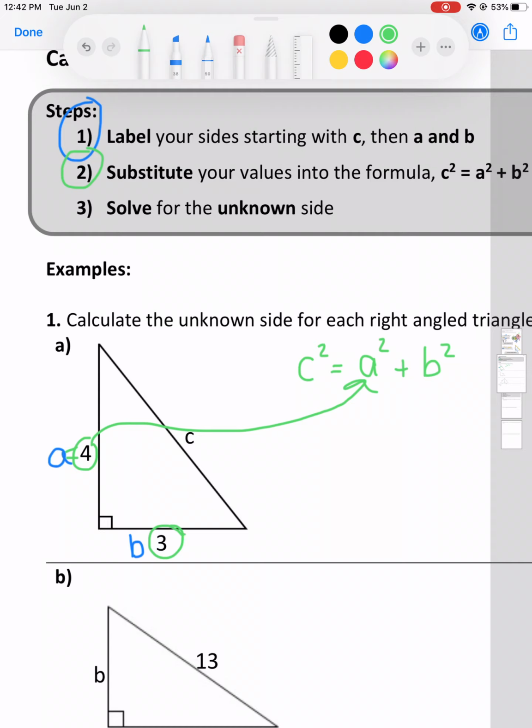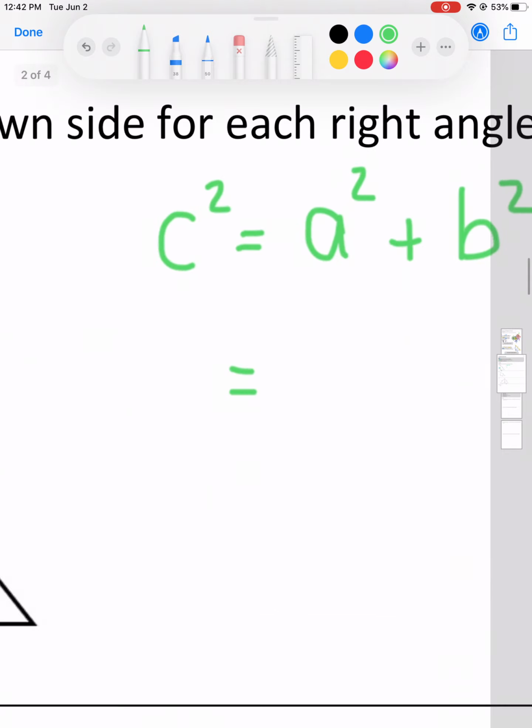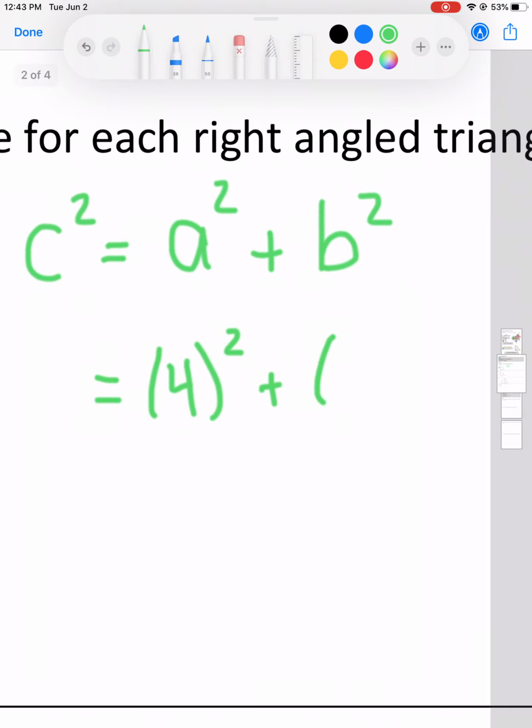And B is equal to 3, so that number is going to go in there. Okay? So now remember, because we're subbing a value in, we should put it in brackets. So 4 squared plus 3 squared.